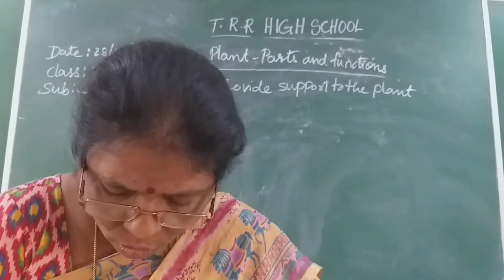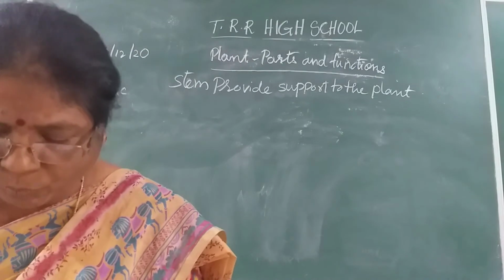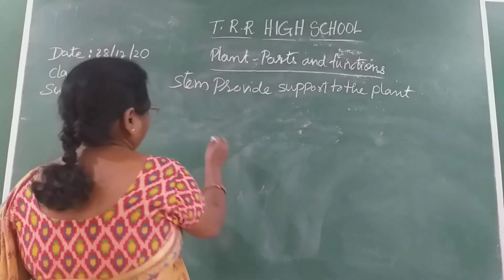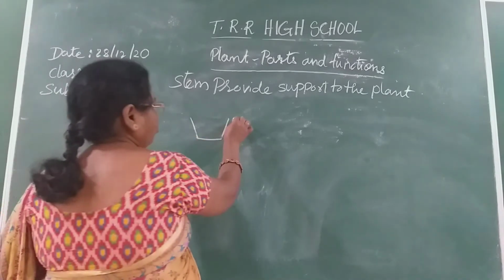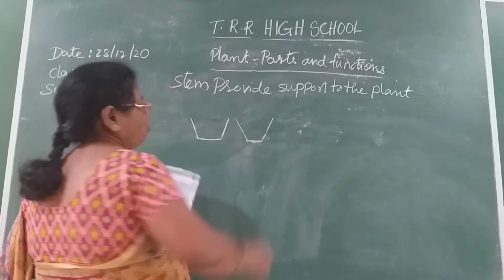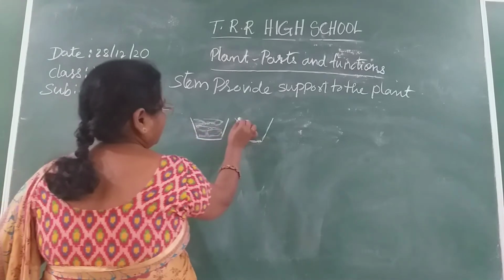Now coming to the functions. The stem carries food material. Take the stem plant. The same activity which you did for the root, the same activity you have to do here also. Take 2 tumblers with water.